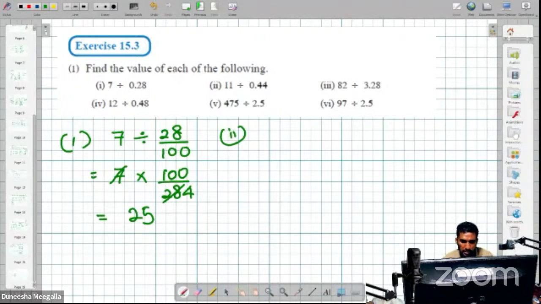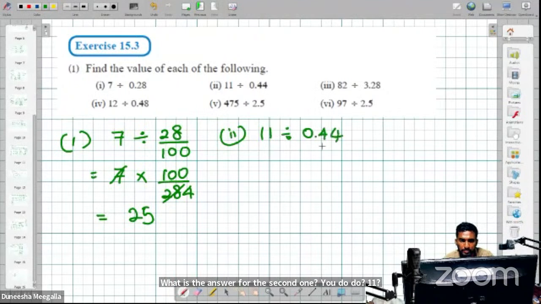What is the answer for the second one? 11 divided by 0.44.